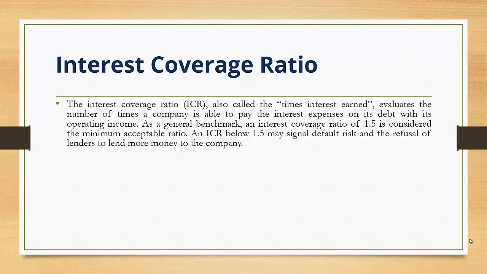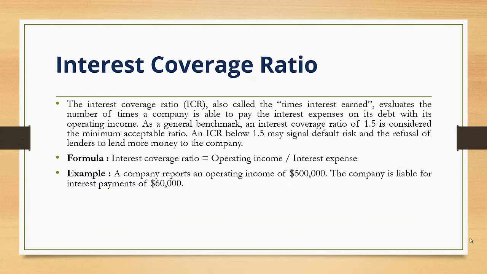An interest coverage ratio below 1.5 may signal default risk and the refusal of lenders to lend more money to the company. The formula of interest coverage ratio is operating income divided by interest expense.